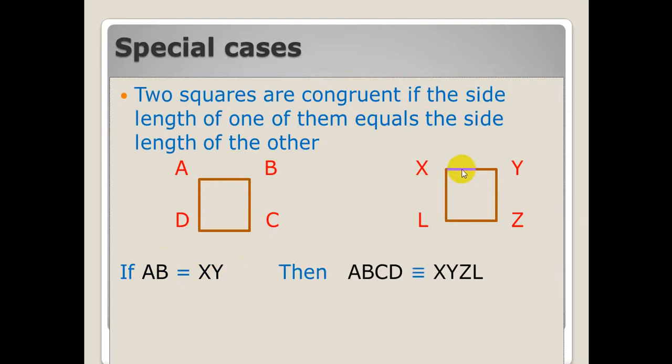If one side of the square is 5, AB is 5, then all sides are equal, and XY equals 5, then all sides are 5. In the square, all sides are equal. If AB equals XY in the other, then ABCD is congruent to XYZL.